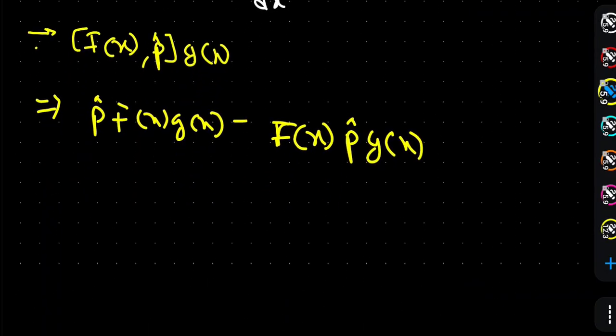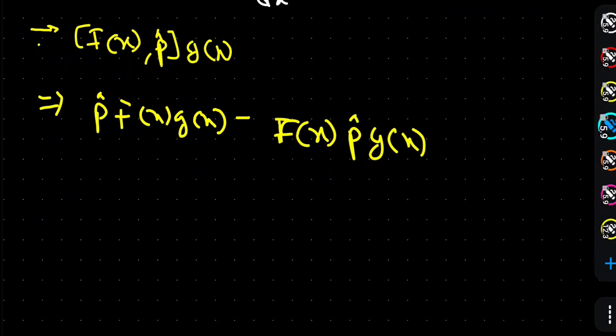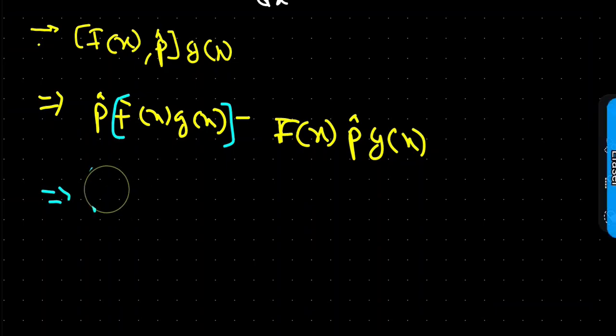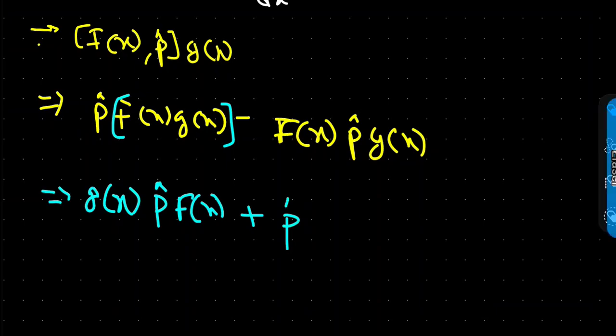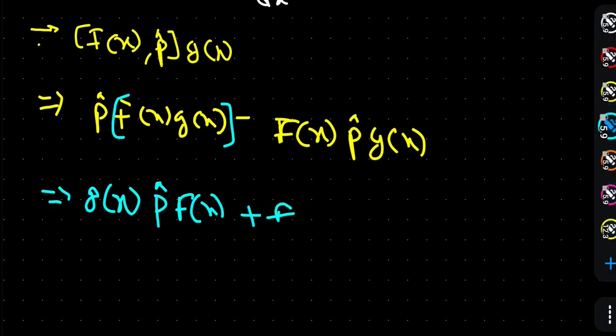Now here you have to keep an eye on the fact that the momentum operator will act on f of x times g of x, like the product rule. First it will act on f of x, so g of x can be put outside, then the momentum operator acts on f of x, plus the momentum operator acts on g of x, so we put f of x aside, then the momentum operator acts on g of x.